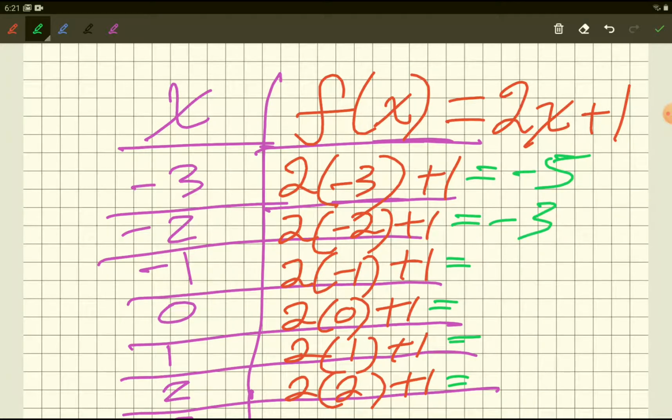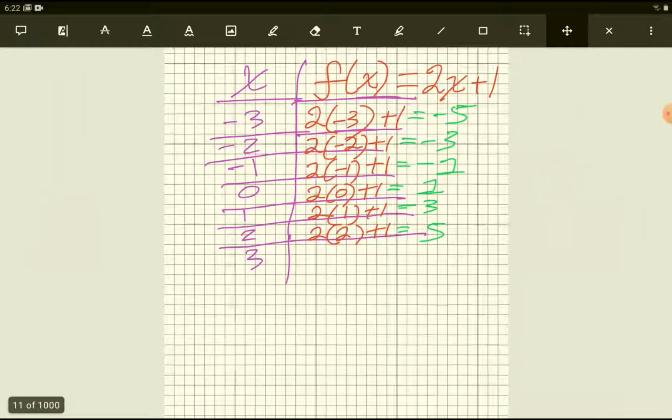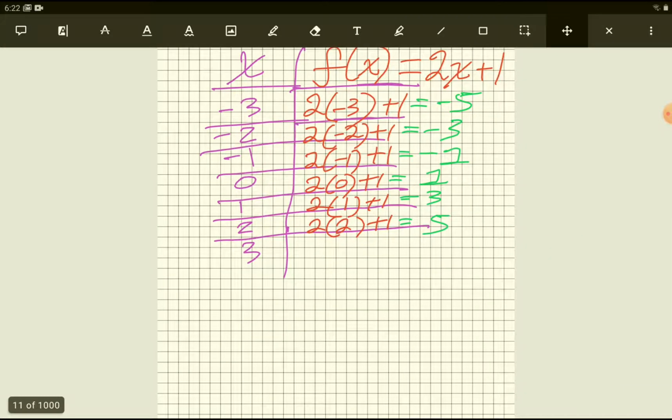Negative 3. Negative 1. Positive 1. 3. 5. So if you do not know how to formulate an XY table, please just email me. It's very straightforward. So there's XY tables, and then there's domain and range. And I do have a video for domain and range. I am just going to link it.